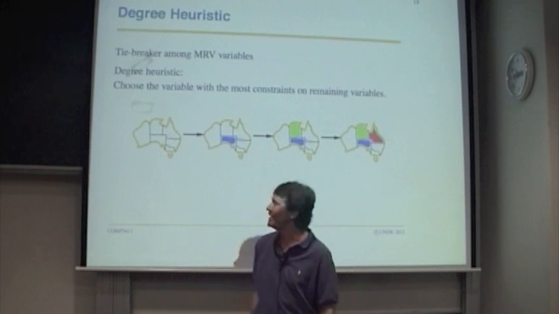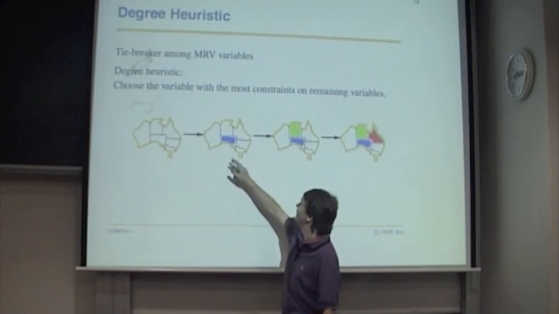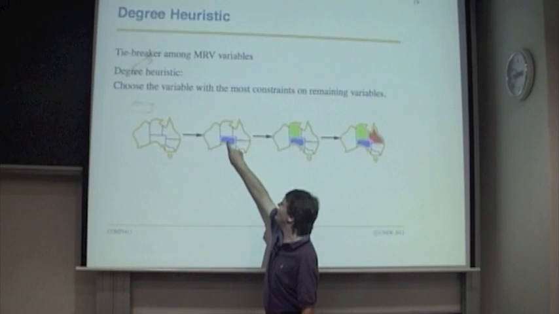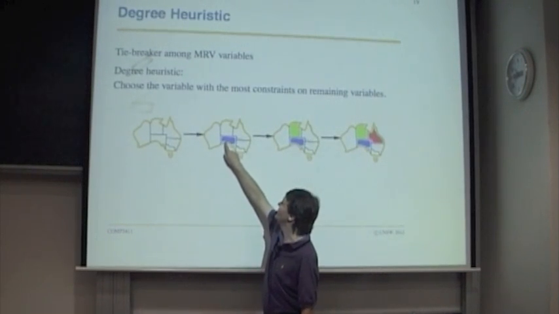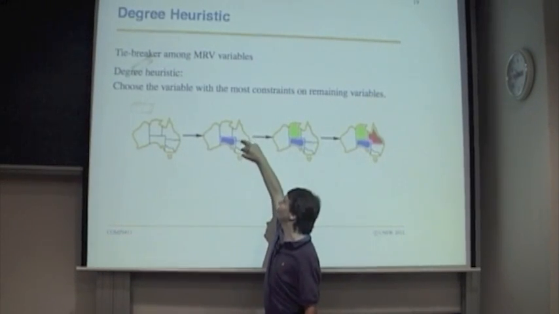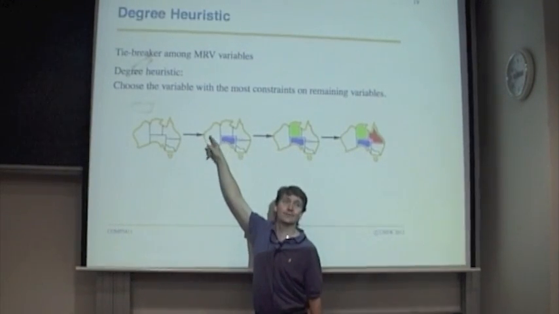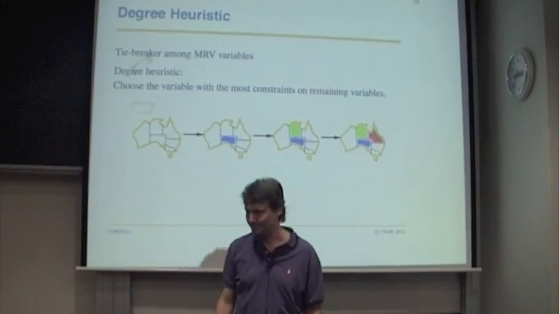Here's another example. Suppose I start by colouring South Australia. Then I'd be better off choosing Northern Territory, Queensland or New South Wales because they impose a constraint on 2 neighbouring states, whereas if I choose Western Australia it imposes just one constraint here.